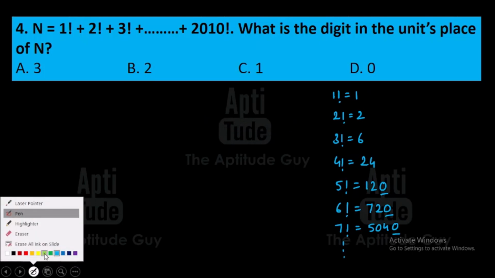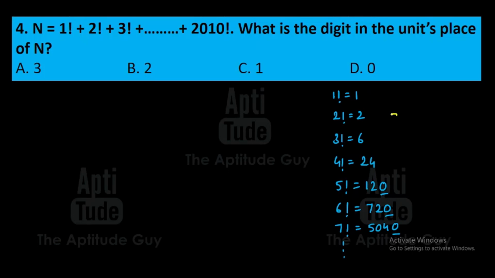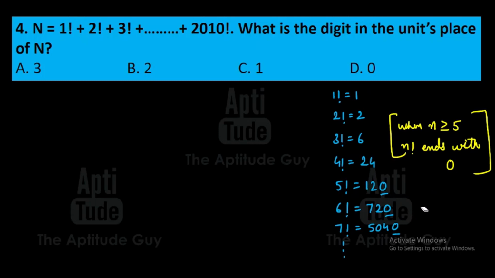That means if at all we have n factorial, and if n is greater than or equal to 5, then n factorial ends with 0. This is a rule. Okay? So when n is greater than or equal to 5, n factorial ends with 0. So we will use this to solve this question.